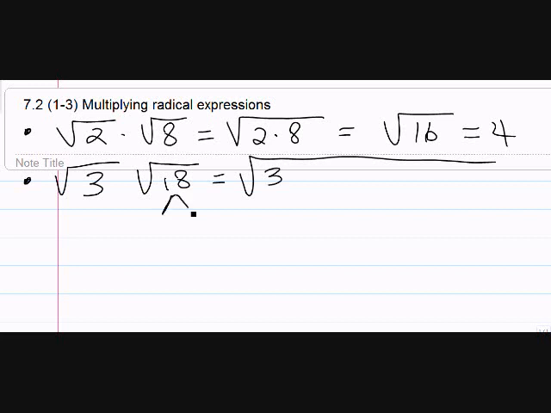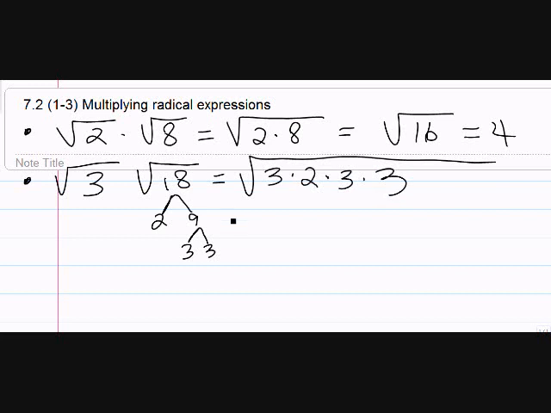And 18, well, that's 2 times 9. 9 is not divisible by 2. Oh, 9 is 3 times 3. How to get the first 3? That's that one. Okay. Now I'm going to put in the rest, the 2, the 3, and the 3. So the square root of 3 times the square root of 18 is the square root of 3 times 2 times 3 times 3.